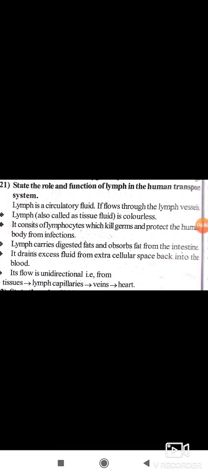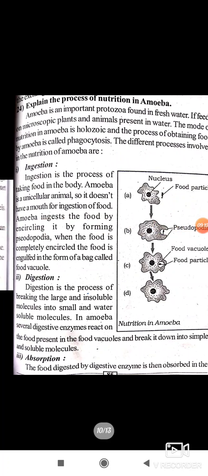So lymph carries digested fats and absorbs fats from the intestine. It drains excess fluid from the extracellular space back into the blood. So it flows unidirectionally: tissues to lymph capillaries to veins, veins to heart. Heart to veins, veins to lymph capillaries to tissues.